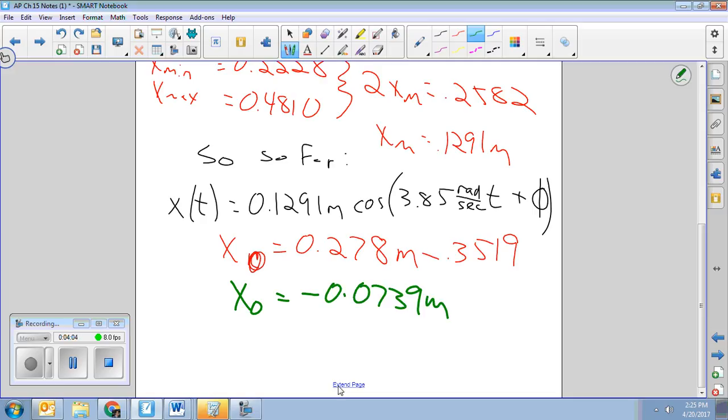That's our beginning position. When I clicked collect, this is telling me my mass was this far below the equilibrium position.